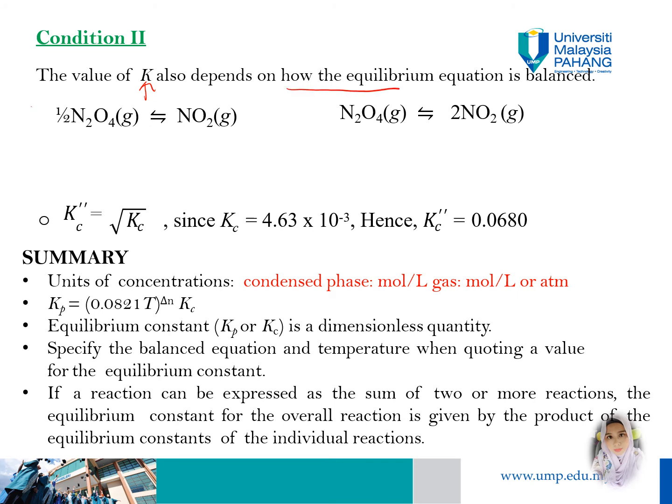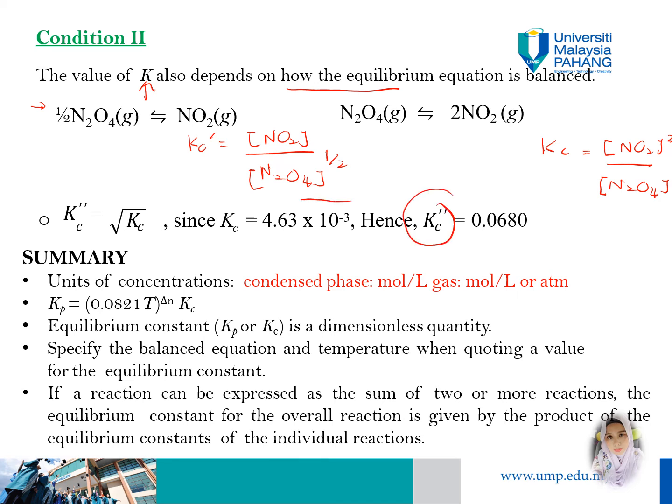So from these equations, the Kc prime is equal to the concentration of NO2 divided by N2O4, while for this one, Kc double prime is equal to the square root of Kc. So we can get this value.